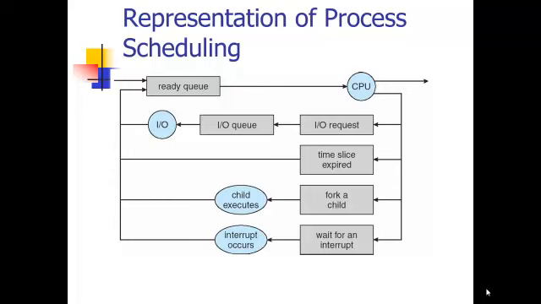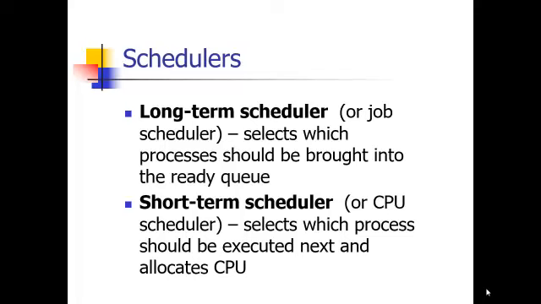So this happens very quickly. Most of the time this happens in nanoseconds, or sometimes it can be in milliseconds as well. So schedulers can be categorized like this: long-term scheduler and the short-term scheduler. So the long-term scheduler is the job scheduler.